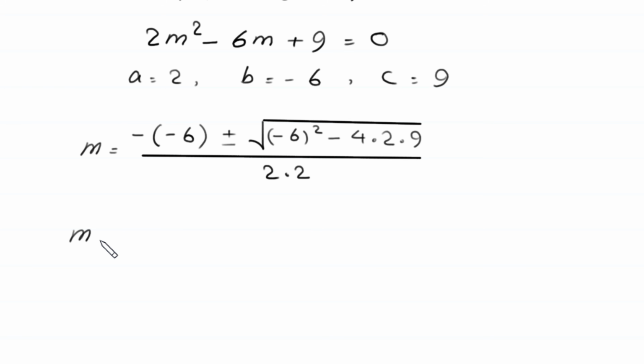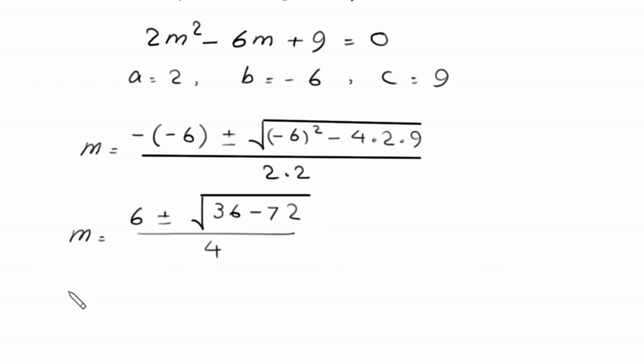Next, m is equal to this minus and this minus will become positive 6 plus or minus square root of (-6)^2 is 36. Negative 4 times 2 times 9 is negative 72, divided by 2 times 2, 4. Next, m is equal to 6 plus minus square root of 36 minus 72 is negative 36, divided by 4.